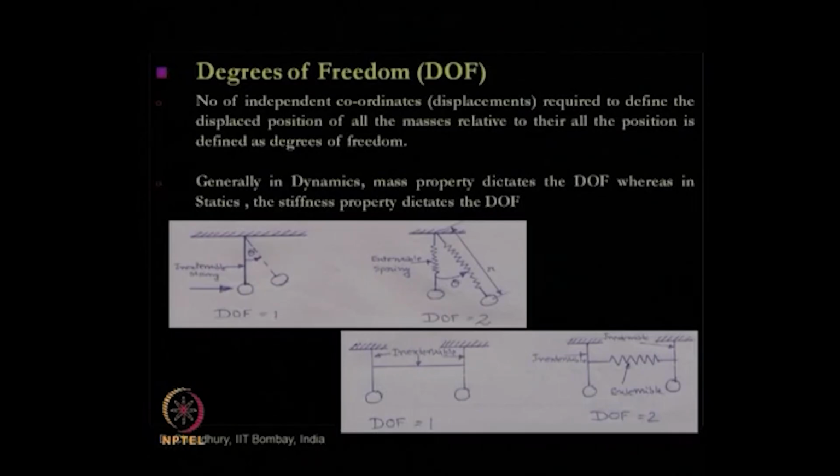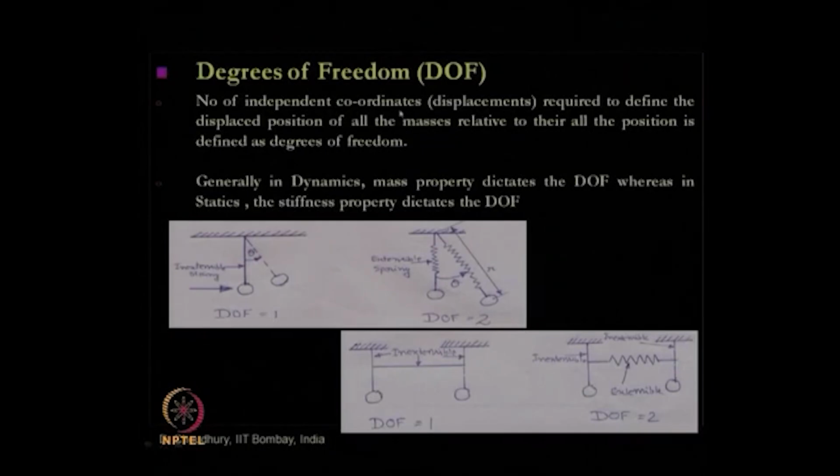Then we have learned in our another course of soil dynamics what is known as degrees of freedom. This is the very basic or fundamental thing to be identified while modeling or analyzing any structure subjected to earthquake loading. So, degrees of freedom is nothing but the number of independent coordinates or number of independent displacements.